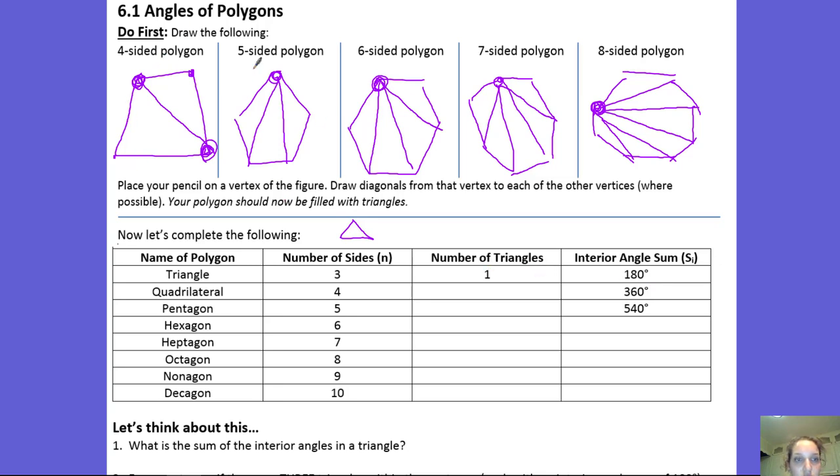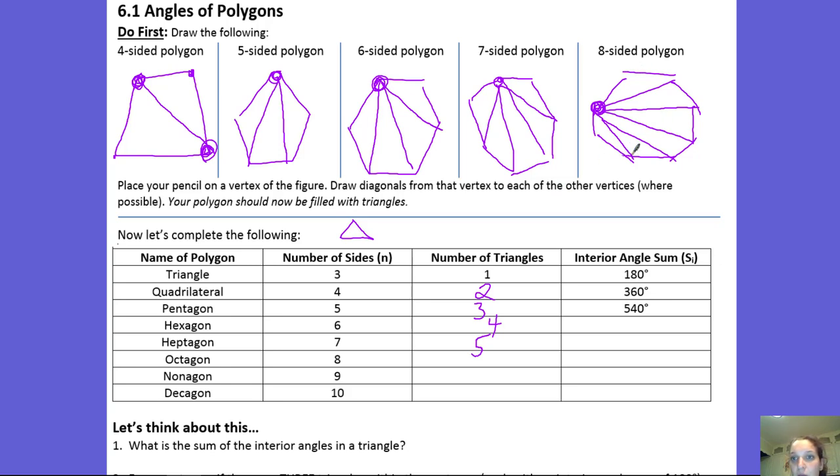For a quadrilateral, which is what we call a four-sided polygon, we could create 2 triangles. For a pentagon, which is a five-sided polygon, we could create 1, 2, 3 triangles. For a six-sided polygon, which is a hexagon, we could create 4 triangles. For a seven-sided polygon, which is a heptagon, we could create 5 triangles.